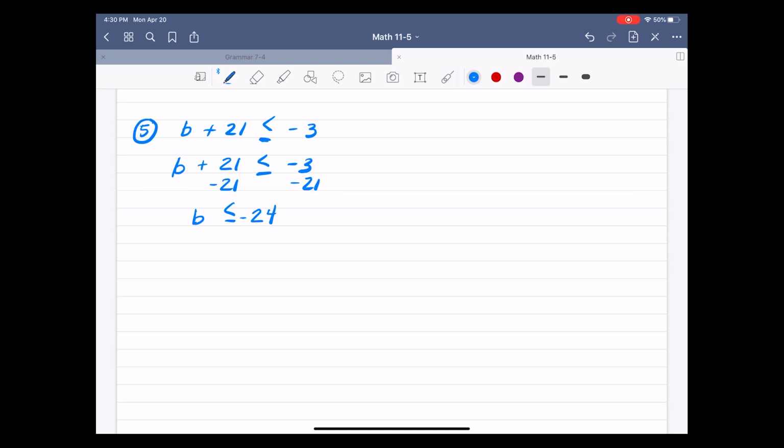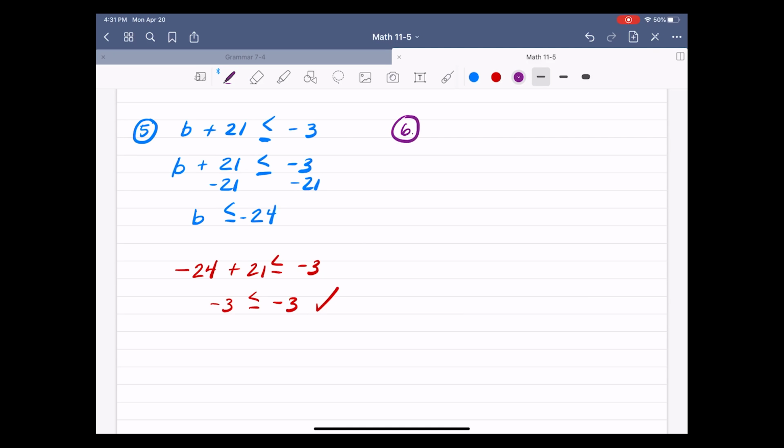So then we can go up here and substitute our negative 24 into B and see if it works. Negative 24 plus 21 is less than or equal to negative 3. And so we have negative 3 is less than or equal to negative 3. So yes, it does check off.